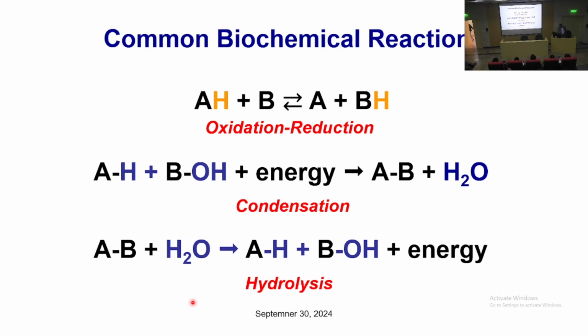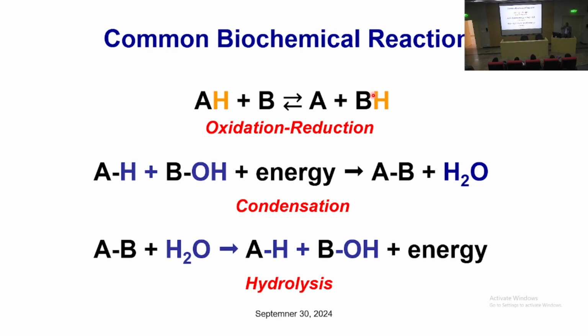Regarding oxidation reduction, for example, we have 2 molecules, AH, a molecule that has hydrogen, and another molecule B. If this reaction leads to dissociation of hydrogen from A to B, so AH becomes just A, and B accepts the hydrogen, we call this an oxidation reduction reaction.